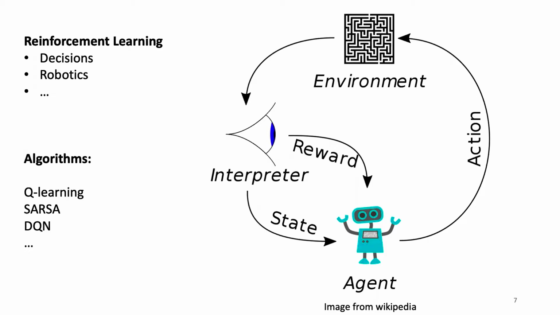The environment represents the outside world that interacts with the agent. The action of an agent is what it does while interacting with the environment; it takes an action. And there's an interpreter in this loop.